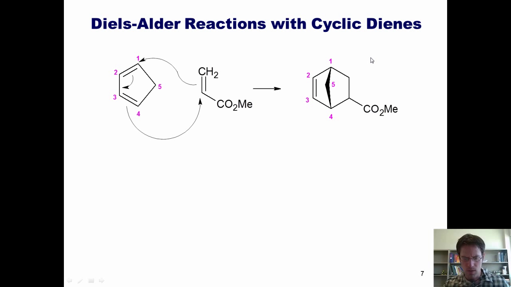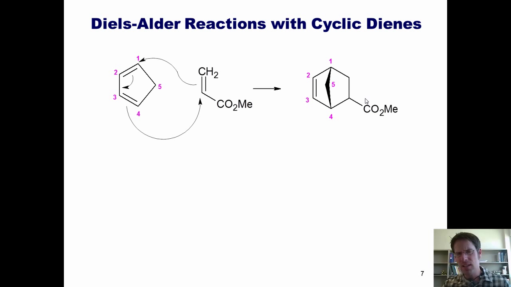Now, one thing you should notice is where the atoms in our cyclopentadiene starting material end up in our final product. I've numbered those atoms in both the starting material and the product in this slide for your reference. You can see in particular that atom 5 right here ends up right here in the product, which is pointing towards us three-dimensionally on this slide.